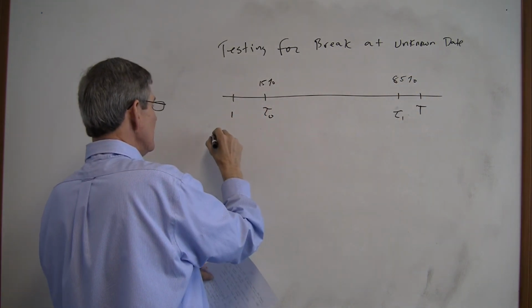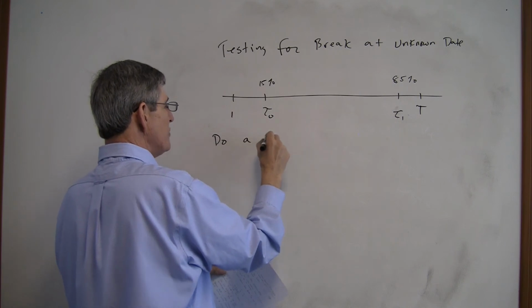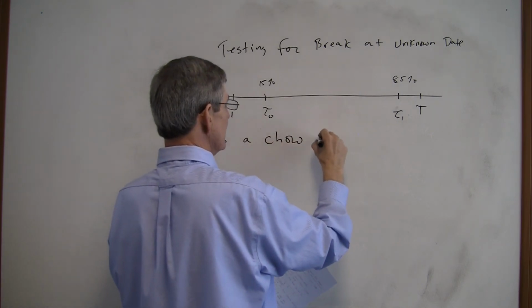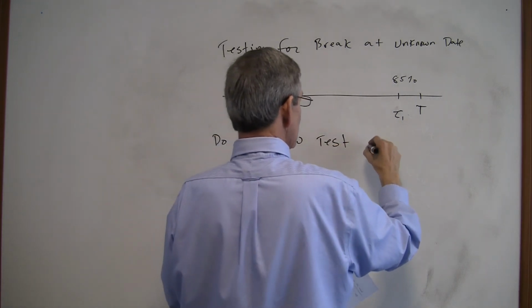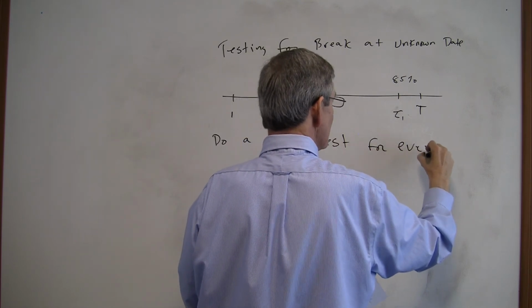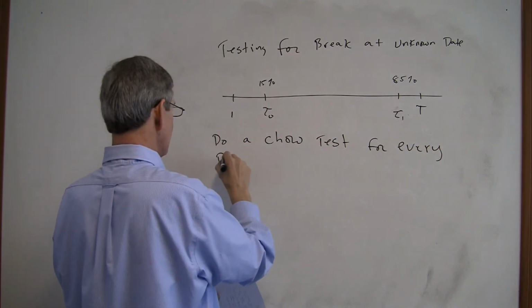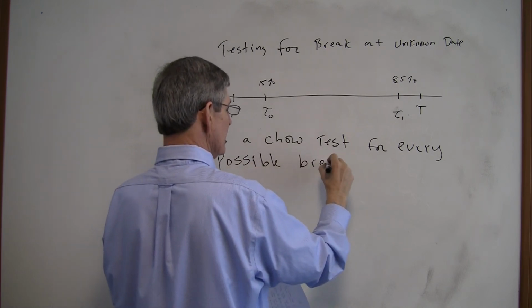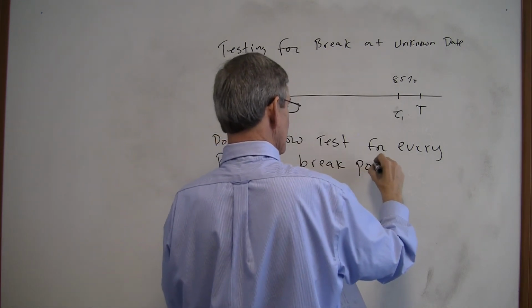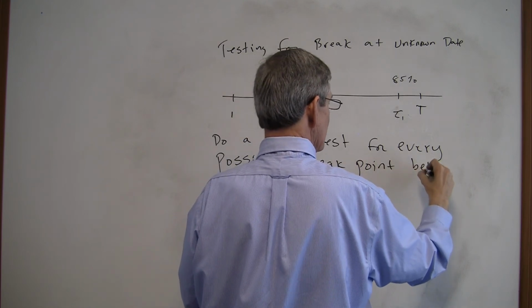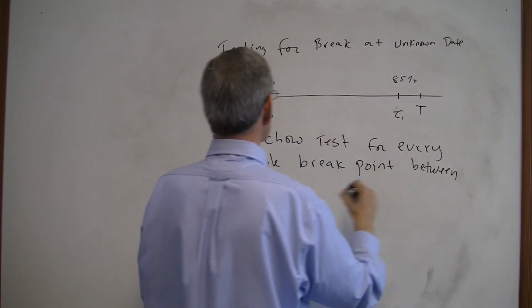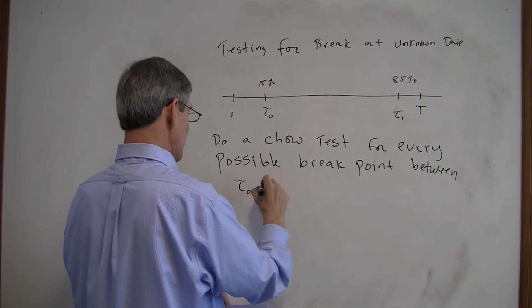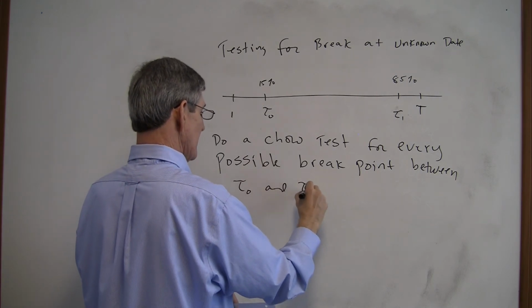And then we're going to do a Chow test for every possible breakpoint between tau 0 and tau 1.